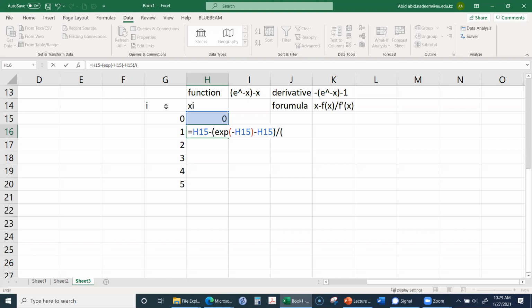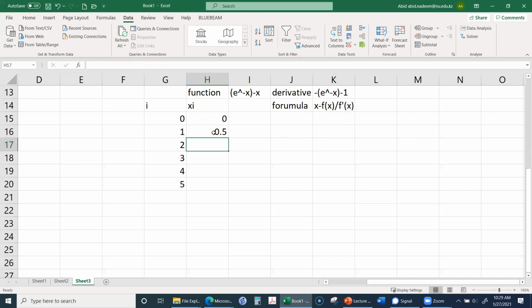The derivative is minus e power minus x, so minus exponent of minus x, and then minus 1. If I entered the values correctly, I now get 0.5.